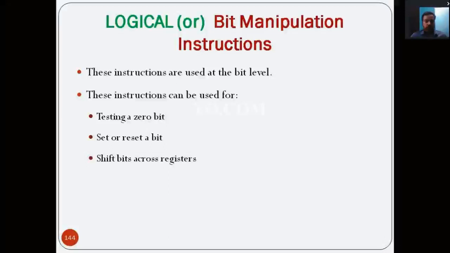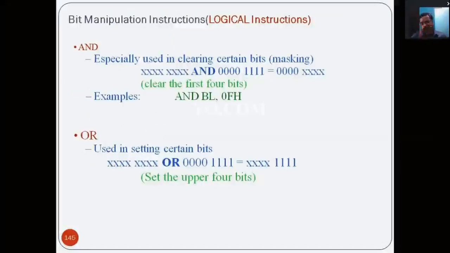These instructions can be used for testing a bit, setting or resetting a bit, and shifting bits across registers. Another name is logical instructions: AND, OR, XOR, NOT and NOR are the bit manipulation instructions. Say, AND BL, 0FH.